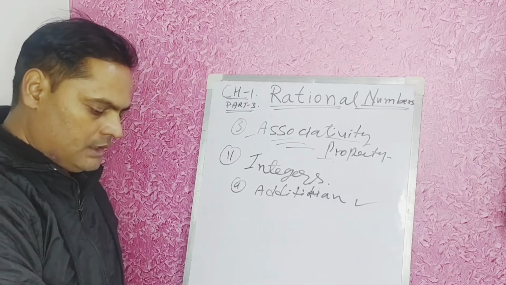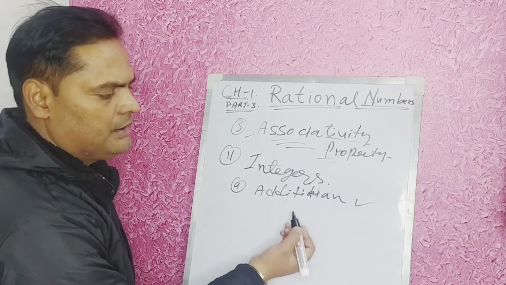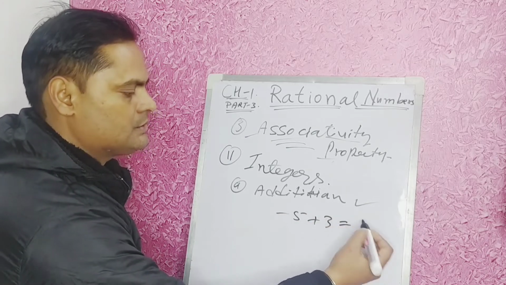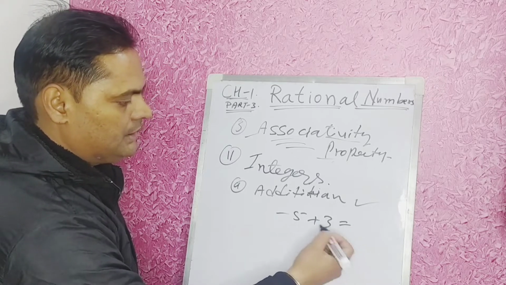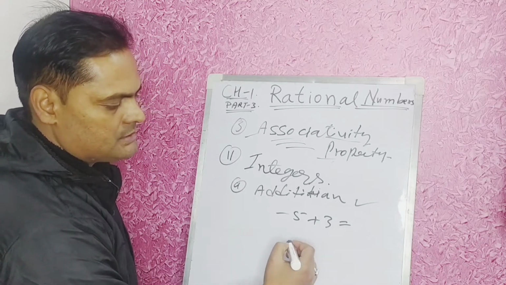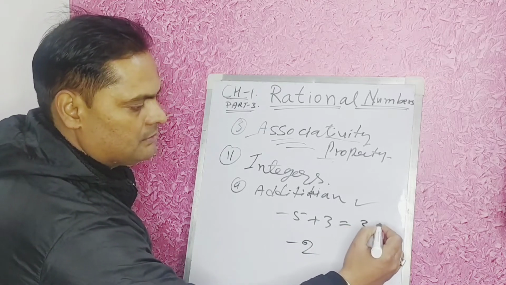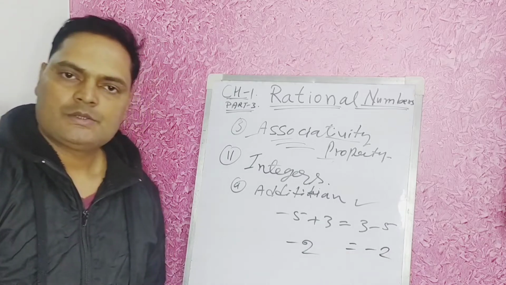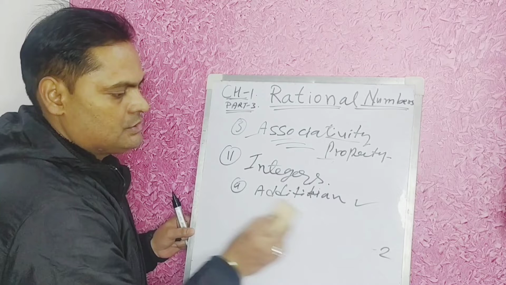If I take any integer, like minus 5 plus 3, it equals 2, and if I reverse it, 3 plus minus 5, then it also gives you 2. So the result is same in the addition condition.